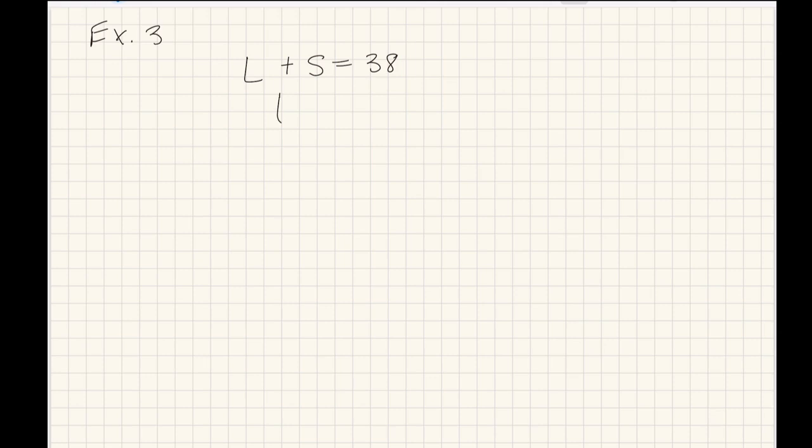We know that the length of the long was equal to the short plus 9. So we're going to take 38, subtract 9, and then divide that by 2. And we get that the short piece is 14.5, and the long piece is 23.5 because we took 14.5 and added 9.